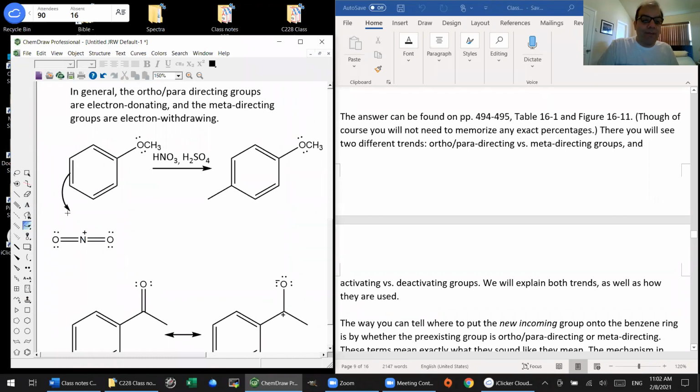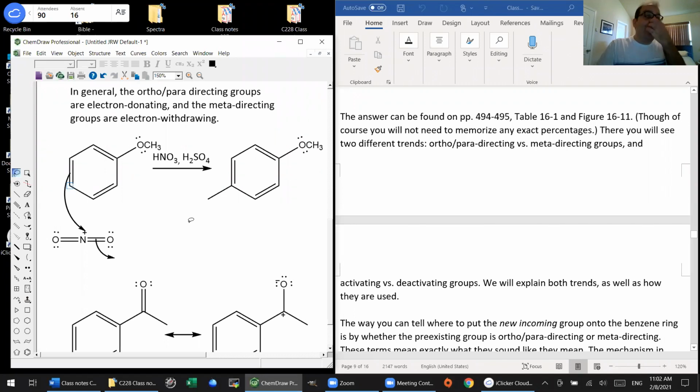But it involves one of these pi bonds swinging out, attacking the nitrogen and breaking one of the nitrogen-oxygen pi bonds. We just need to be sure we swing out the right one. In this case, we want to show that we're forming a bond between the para carbon and the nitrogen. And that's one way of doing it. It doesn't have to look exactly like that, of course.